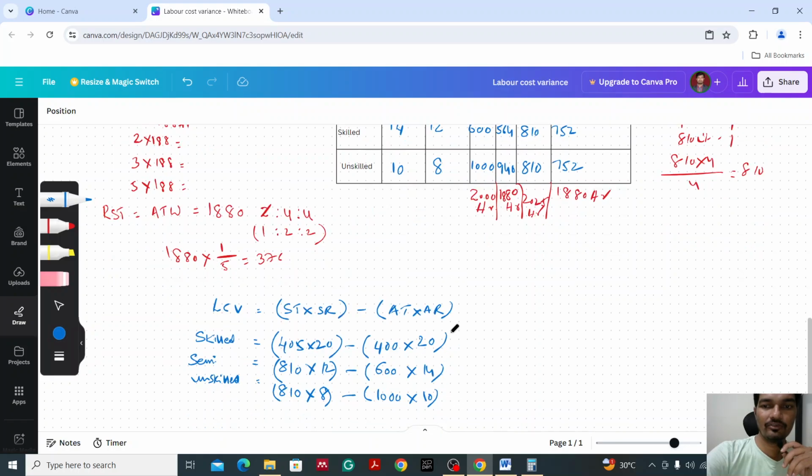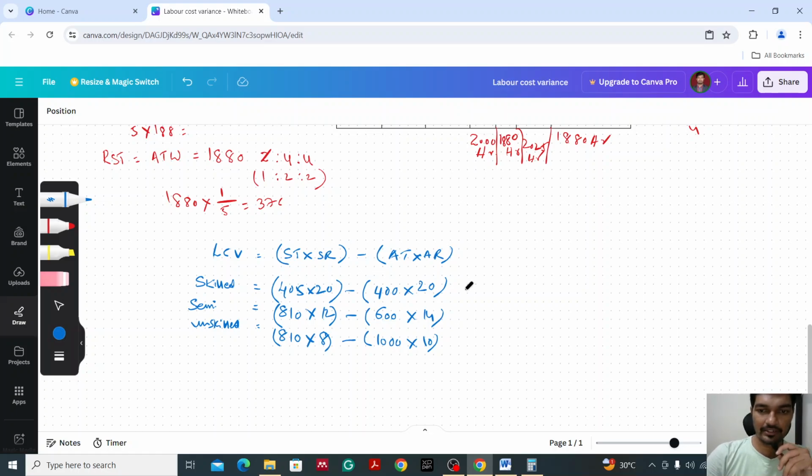So whatever values are given are substituted as they are, and using a calculator we get the value of 100 in positive, favor, and 1320 is in favor, a positive value.